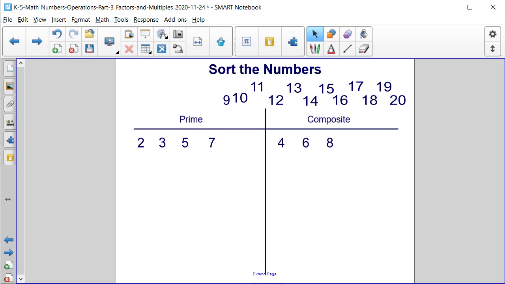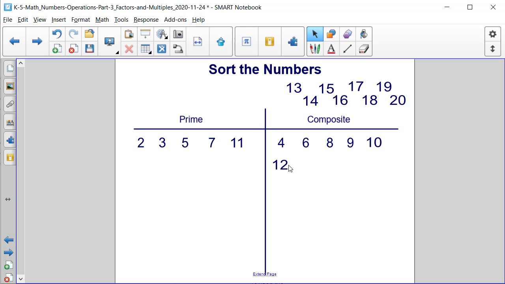So 9, is this one prime or composite? Well, yes, 9 is divisible by 1 and itself, but it's also divisible by 3, since 3 times 3 is 9. So it is considered to be composite. 10 is divisible by 2, since it's an even number. 2 times 5 is 10, so it's composite. 11 is only divisible by 1 and itself, making it a prime number. 12 is an even number, so it's divisible by 2 also.